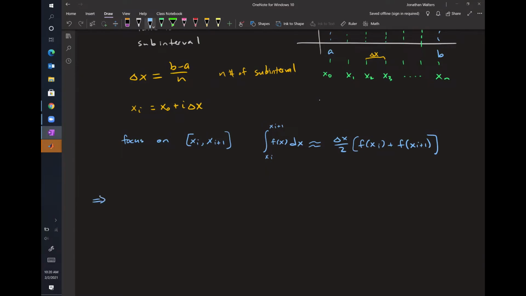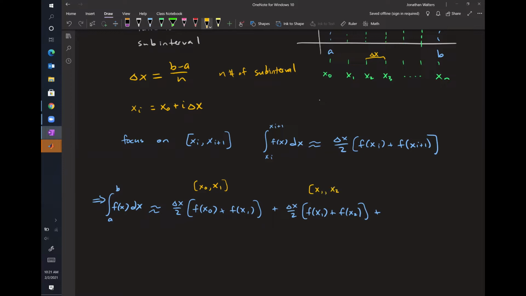So the integral from a to b of f of x dx would be approximately the summation, or actually let me just write it out: delta x over 2 times f of x0 plus f of x1, that's the interval x0 to x1, plus delta x over 2 times f of x1 plus f of x2, this is the interval x1 to x2, plus delta x over 2 times f of x2 plus f of x3, and that's the interval x2 to x3.